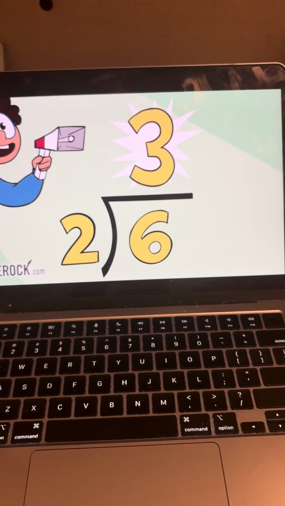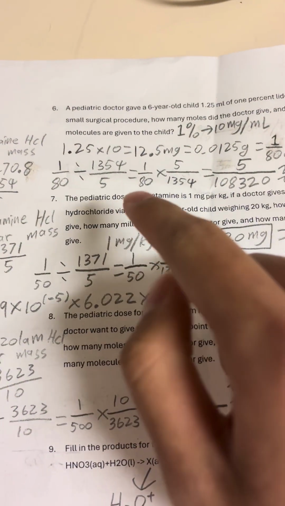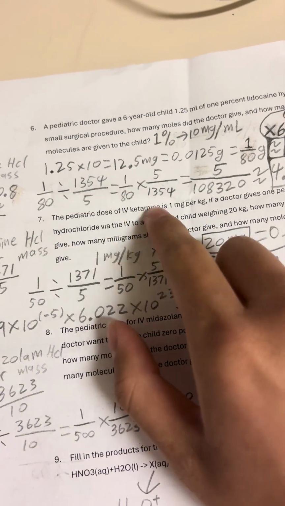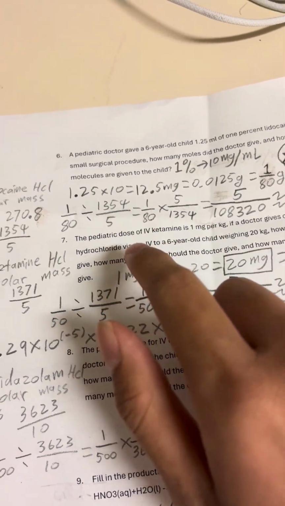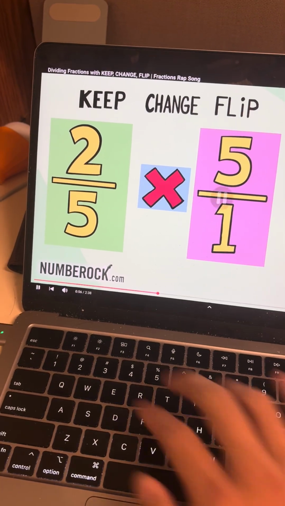Keep, change, flip. It's all that you need to divide by a fraction. To divide 2/5 by 1/5, keep, change, flip.